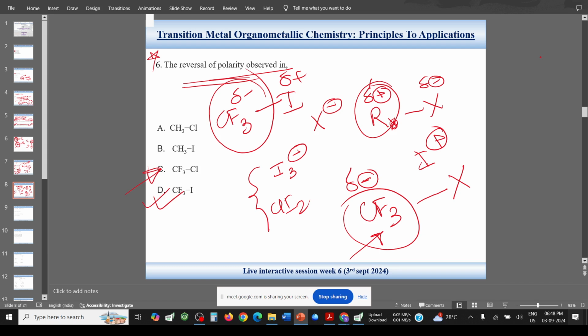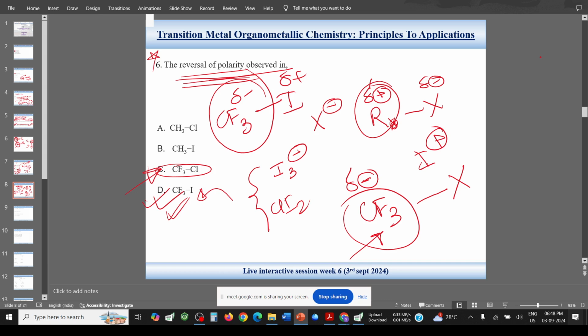This question I have already discussed in the last session. So the reversal of polarity is always observed for the perfluoroiodo species, not chloro species. So perfluoroiodo will be the right answer.